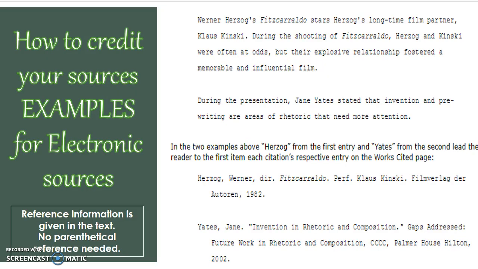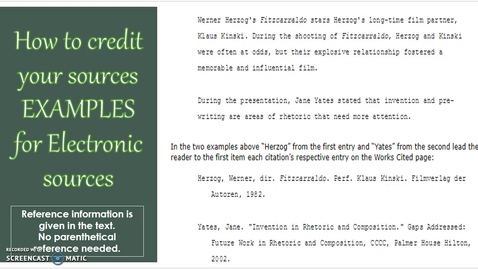Looking at these examples here, there are two major ways to cite electronic sources that you will be using. So these are probably the only two types of citations you're going to have for your research papers. First of all, if the reference information is given in the text, then you don't actually need a parenthetical reference at all. So if you look at the top example, Werner Herzog's Fitzcarraldo, stars Herzog's longtime film partner.